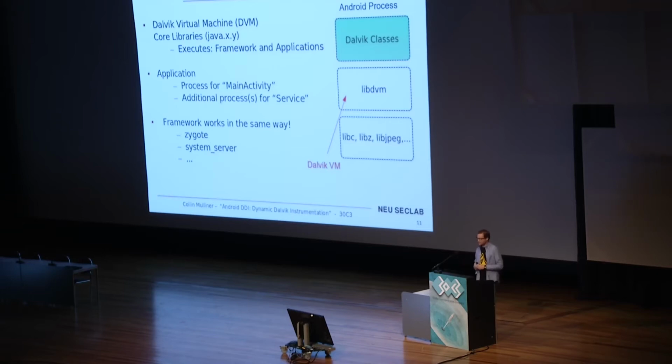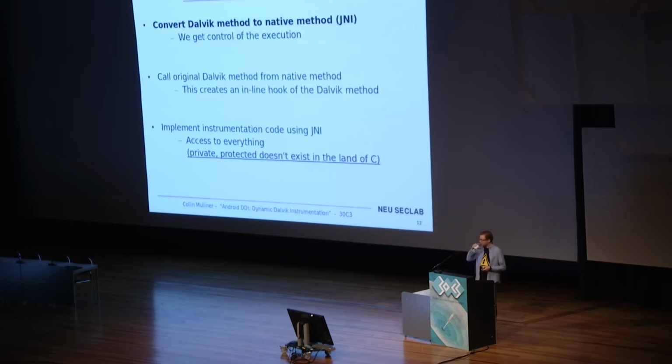That's the actual virtual machine. And then the process also contains the Dalvik classes that it wants to execute. Really, every application, like if you install, I don't know, Facebook or something, works like this. Also the system processes like Zygote or the system server, which execute the framework, work in the same way.